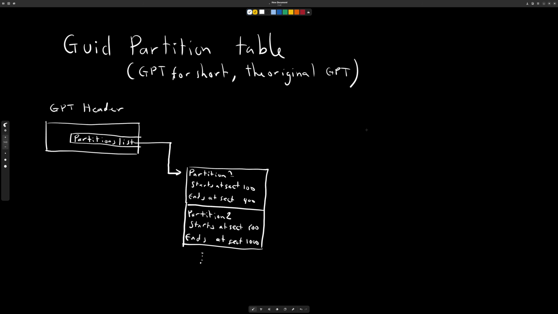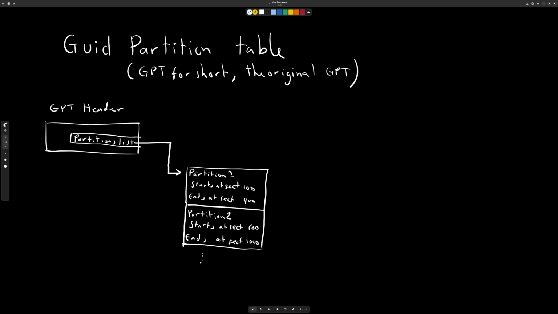So let's take an example of what a partition table would look like. Here we're looking at the GUID partition table, or GPT for short. This is very simplified. We'll get to the details in a bit. Here we have a GPT header that has a field that tells us where the partitions list is. If we follow that field, we land on an array of partition entries.